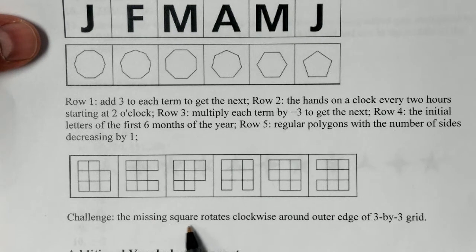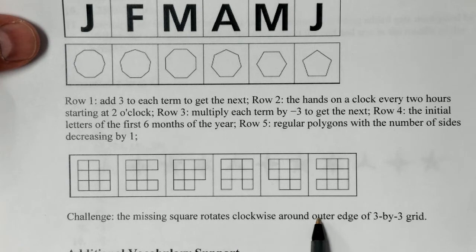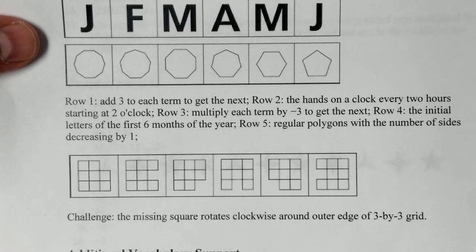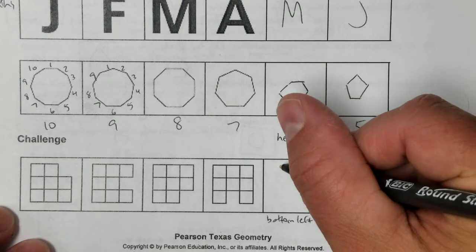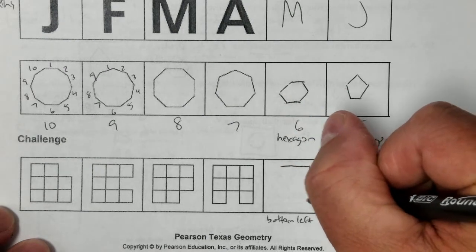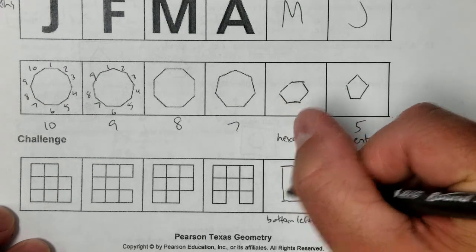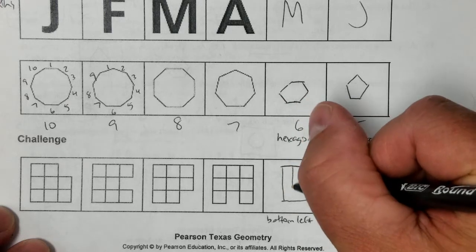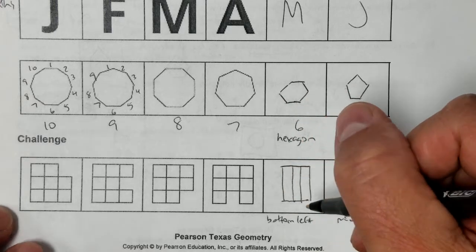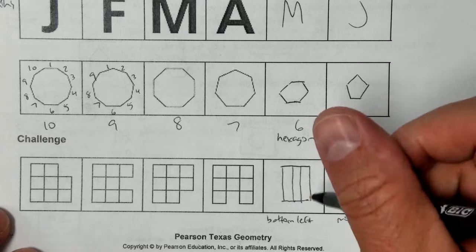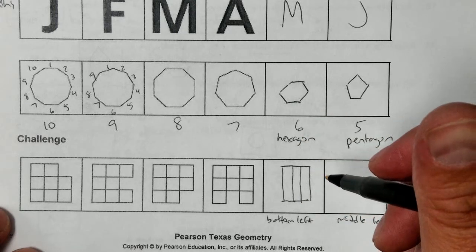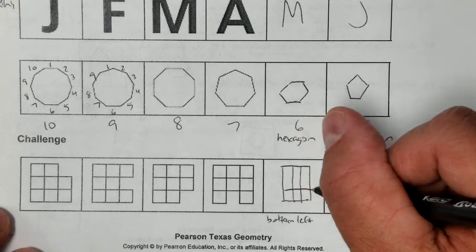So the missing square rotates clockwise around the outer edge of the 3x3 grid. I should have left a spot, really. Oh well.